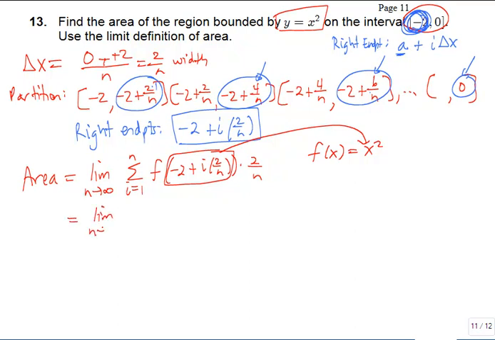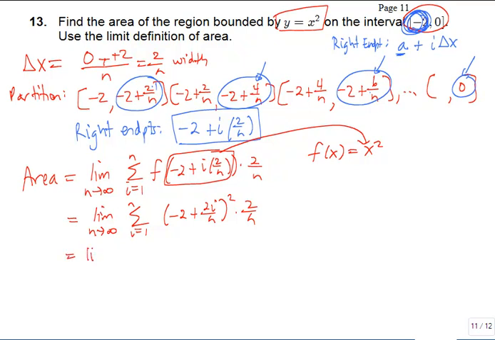So this is what it would turn into. We've got our limit, we've got our sum, and now f of this stuff becomes this stuff squared, because this is a squaring function. So all I did was put it in for x, wrap it in parentheses, and square it.